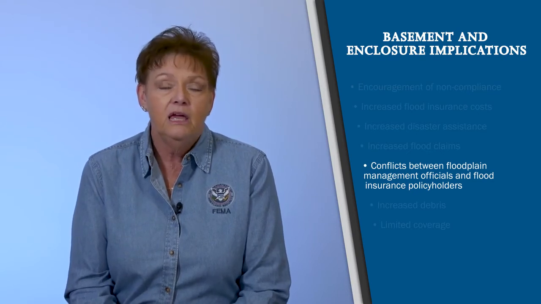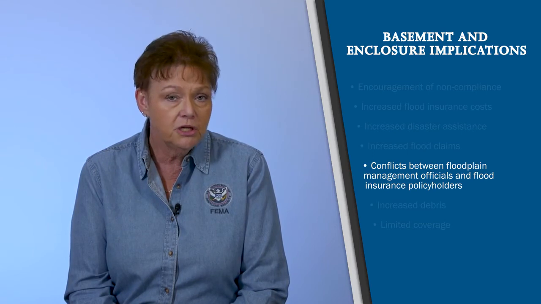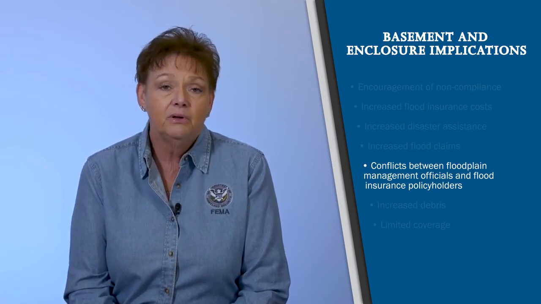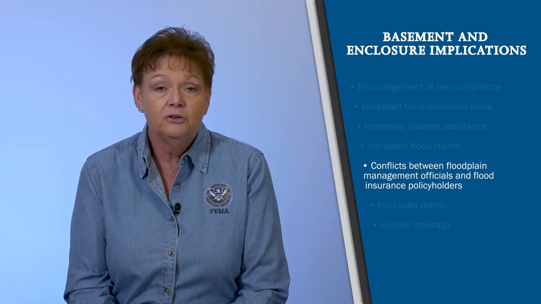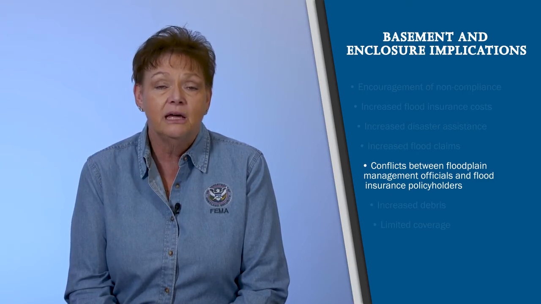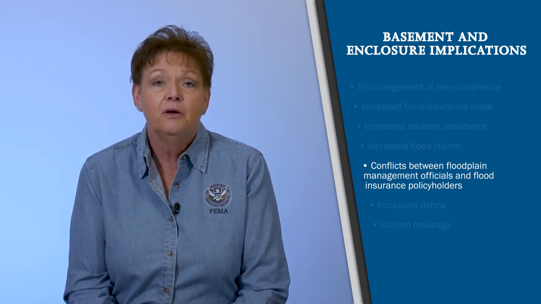So beware if you are an insurance agent and you've got a structure that's got an enclosure, got a basement, make sure you tell them about the 17 building items that are covered under the NFIP, and only the 3 content items that are covered, and that is washer, dryer, portable air conditioner, and a food freezer.